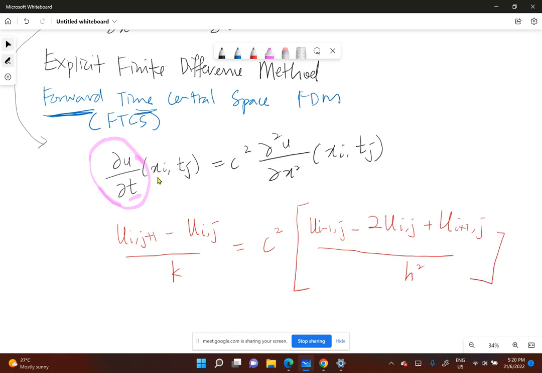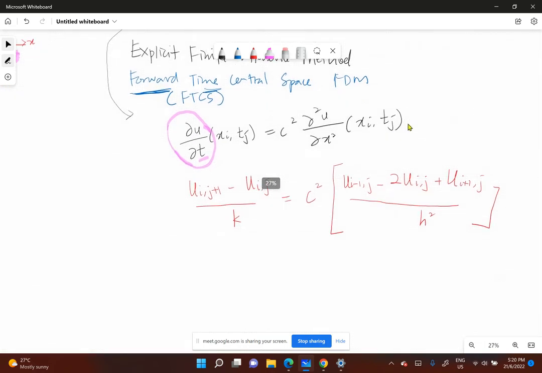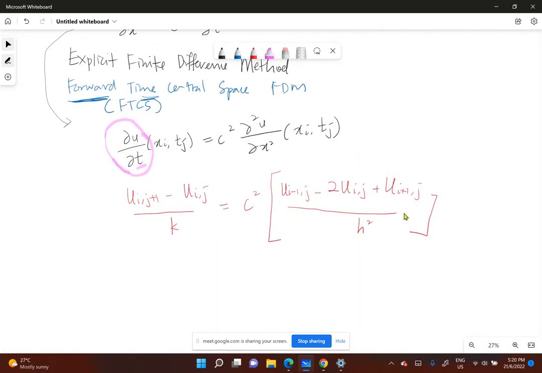Boleh? Okay. And then when we have this one, so we have to substitute the value of k, the step size of t, the step size of x, okay? Lepas tu kalau ada value here, we have to put lah. If let's say this one, so and then we have to solve.